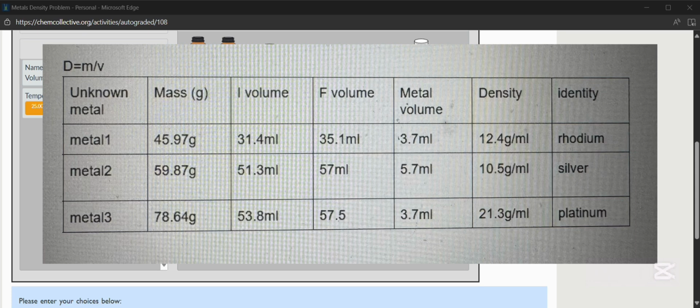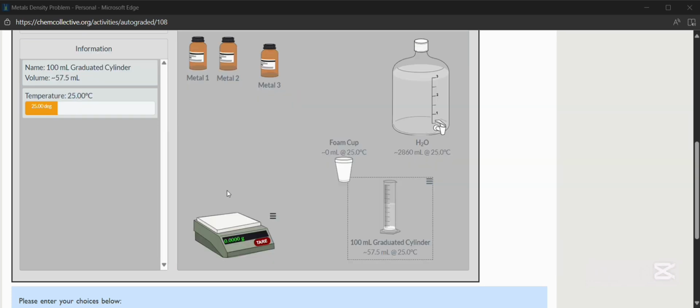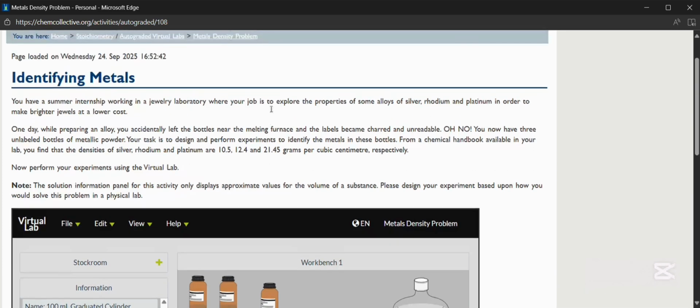And we would get 21.2, which could be 3 if you round off, but it's 21.25, which rounded off would be 21.3. And if we look at our given values here, the closest would be 21.45, which would be platinum.